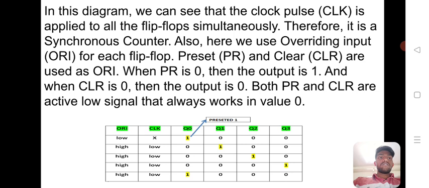Also here we use overriding inputs for each flip-flop present. Preset and clear are used as override. When PR is 0 then the output is 1, and when CLR is 0 then the output is 0. Both PR and CLR are active low signals.